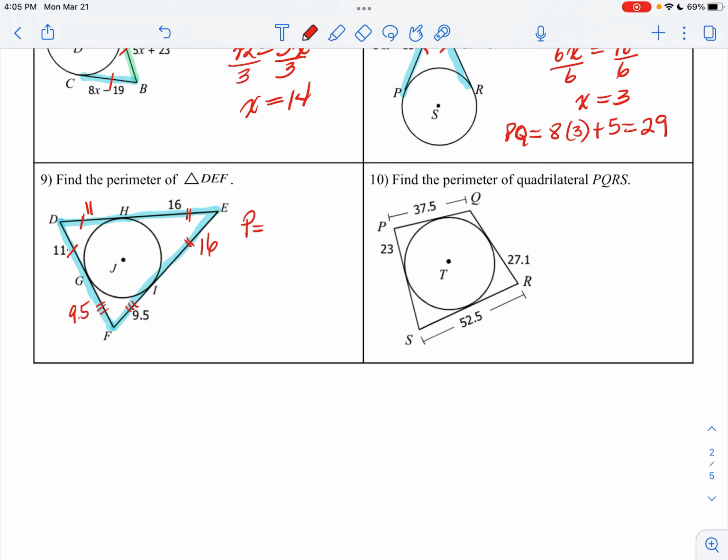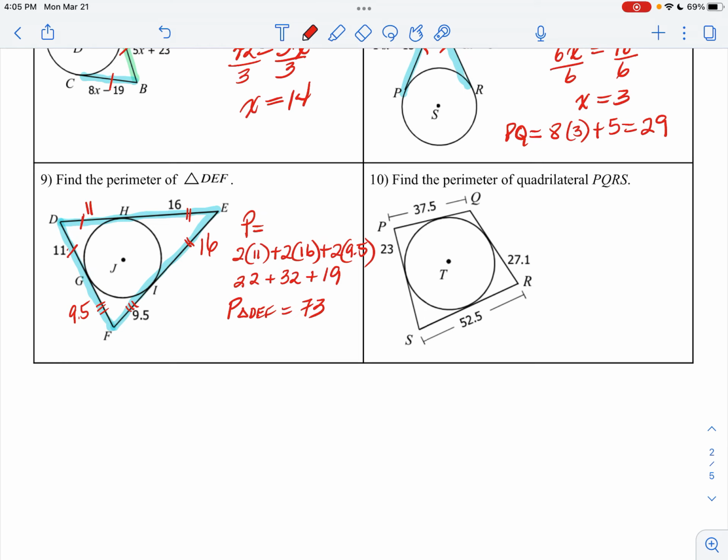Well, we have doubles of everything. So we have 2 segments that are 11, 2 segments that are 16, and another 2 segments that are 9.5. So we have 22, 32, and 19. And so the perimeter of triangle DEF is the sum of those sides, or 73.